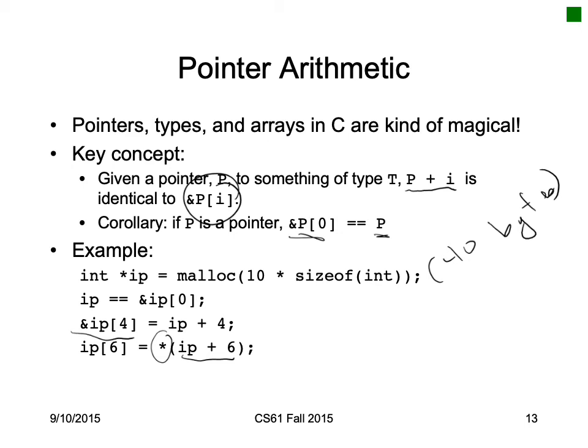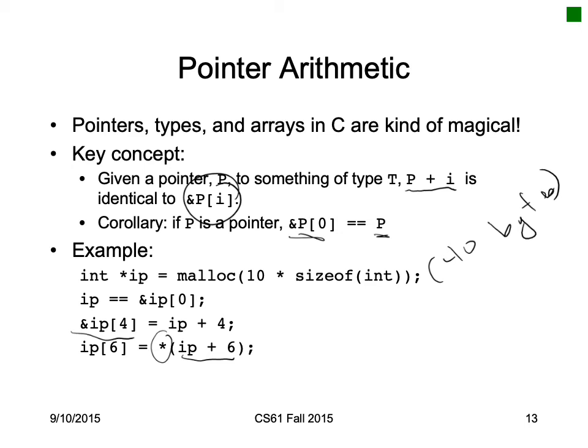There's the standard way, p sub I, and if I want the address of that location where the ith element of the array is, I would say the address of p sub I. So that's this syntax here. But it turns out that the address of p sub I is actually exactly the same as adding I to p.